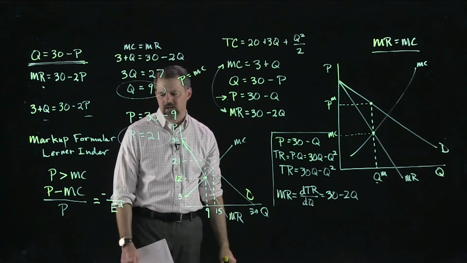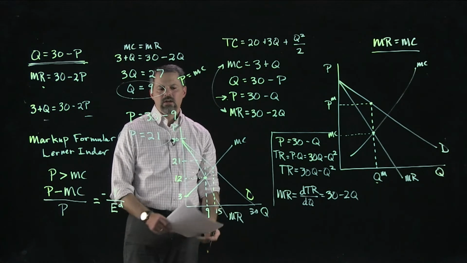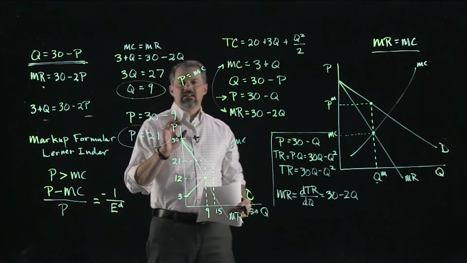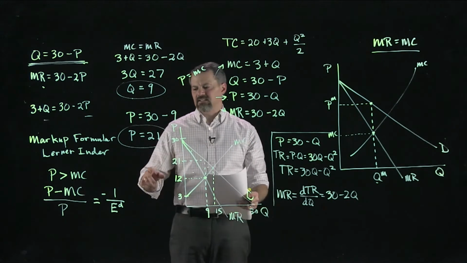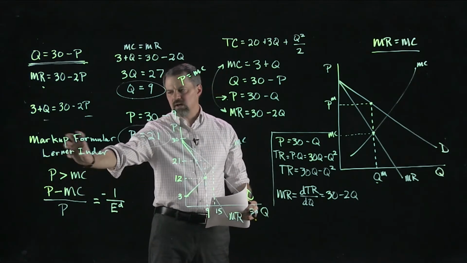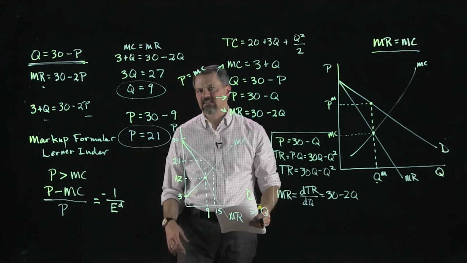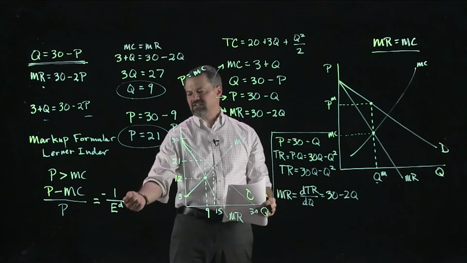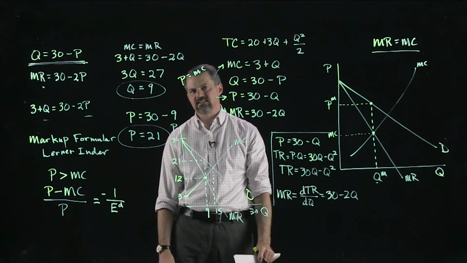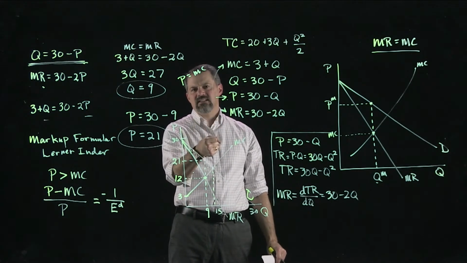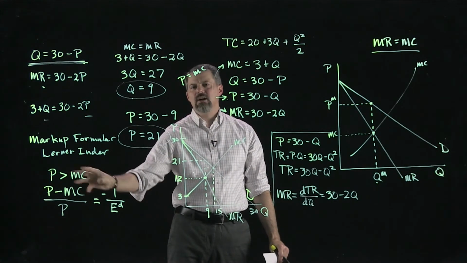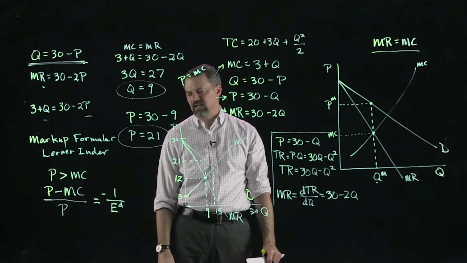There is no markup. Okay, so one thing that I see students get a little bit confused about in this class is that they see this markup formula or the Lerner index, and they think that somehow this is a new way to calculate elasticity. It is not. This is a way to take the elasticity and figure out how much the firm can mark up its price.